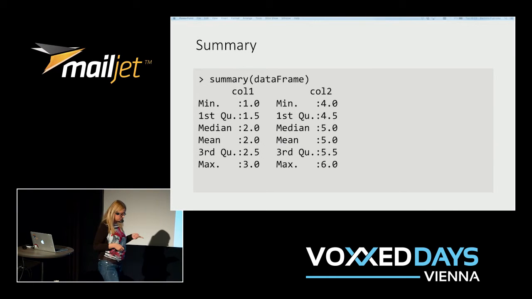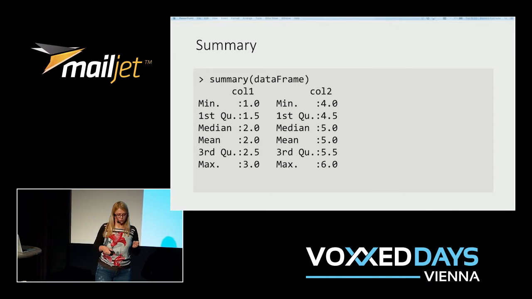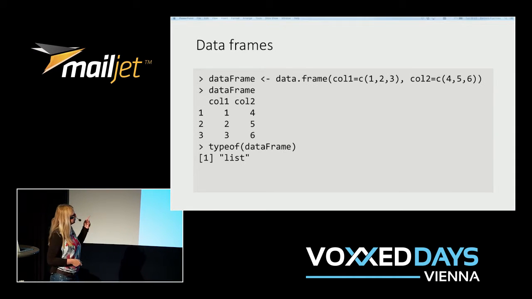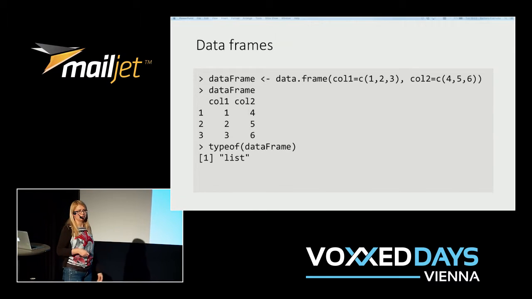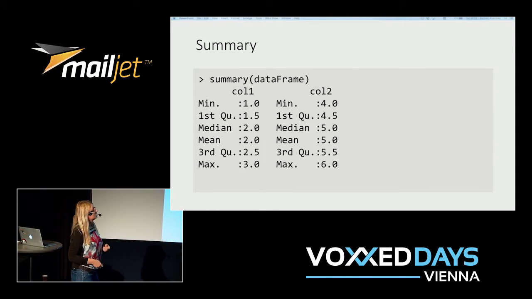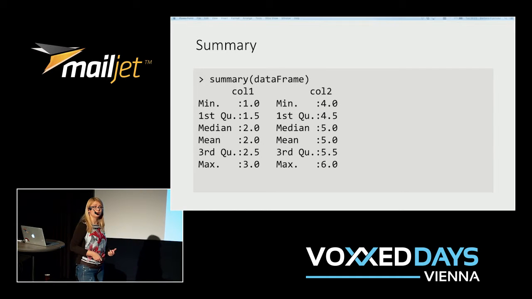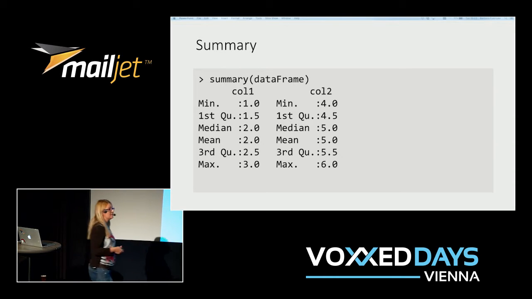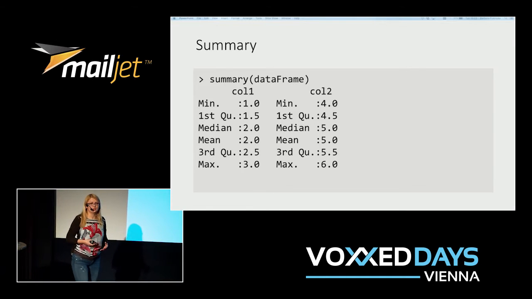This is a very useful function. If you want to just have a quick look at your data, imagine your data frame is much more complicated or bigger than this one, but you want to make sense of it, a first look at the numbers. You just run summary, and you have, out of the box, a first insight into it.